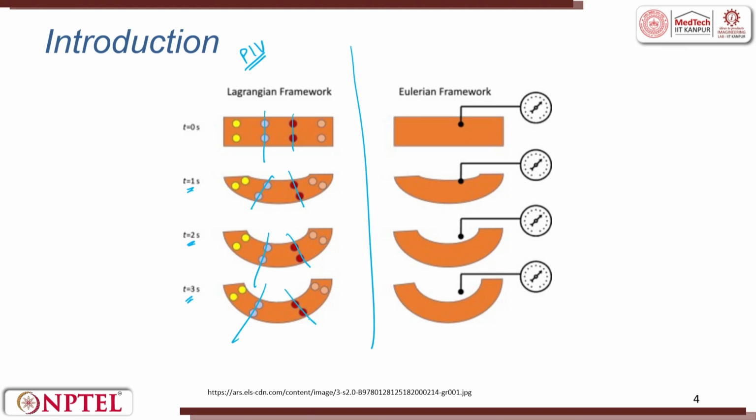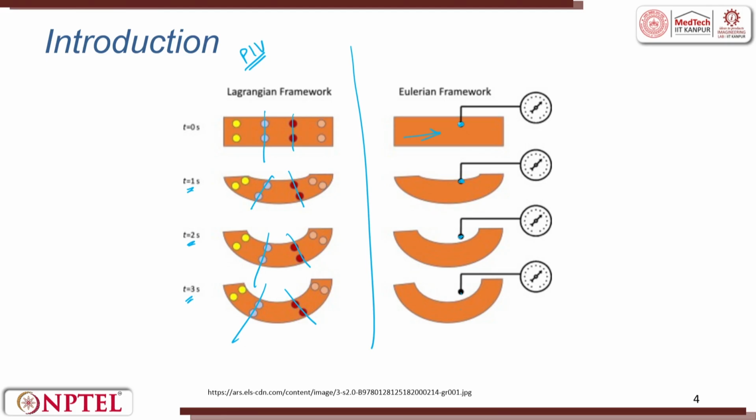Whereas when you come to the Eulerian framework, you have kept a thermocouple or the end point of a pressure gauge, which tries to measure the fluid flow. As and when the flexible tube gets bent, it moves to the extreme end. Maybe at some point it even misses recording any value here.